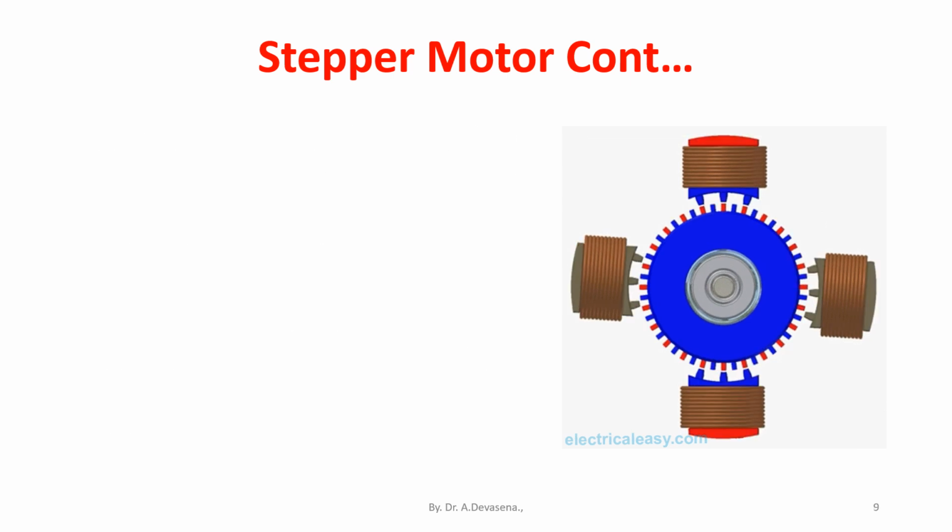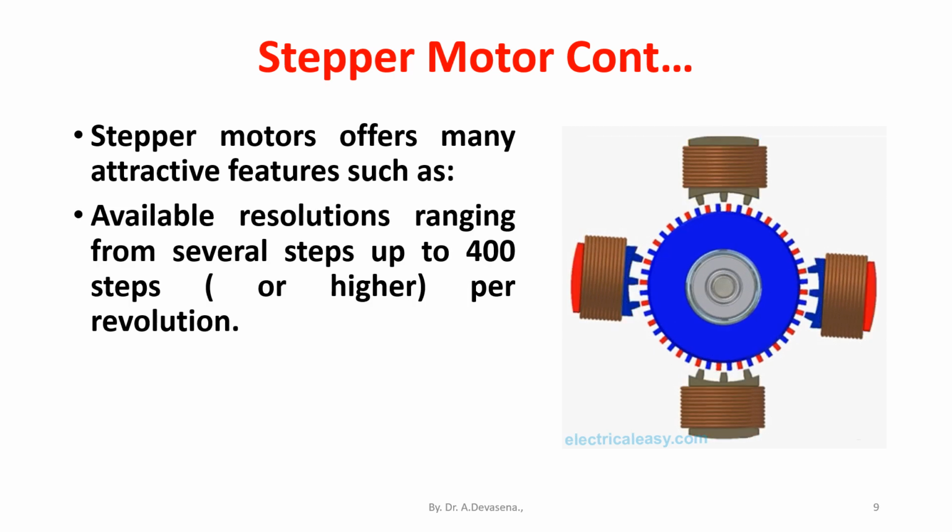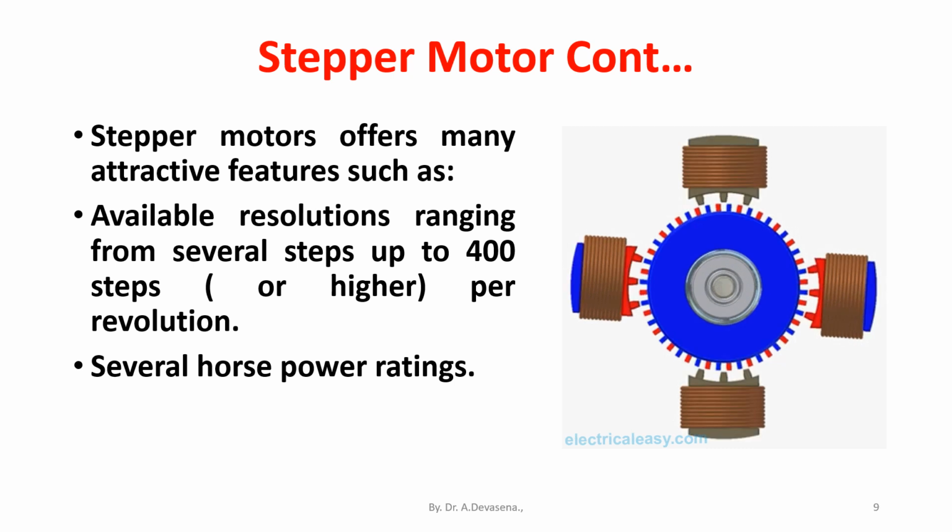Stepper motors offer many attractive features such as available resolution ranging from several steps up to 400 steps or higher per revolution, several horsepower ratings, and the ability to track signals as fast as 1200 pulses per second.